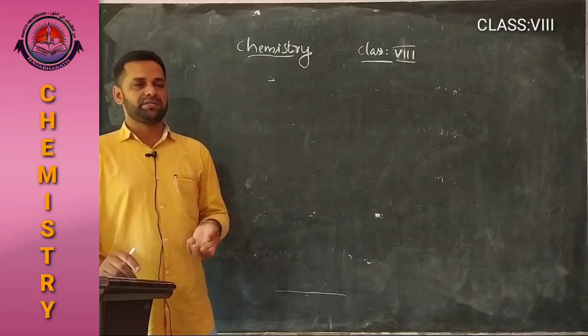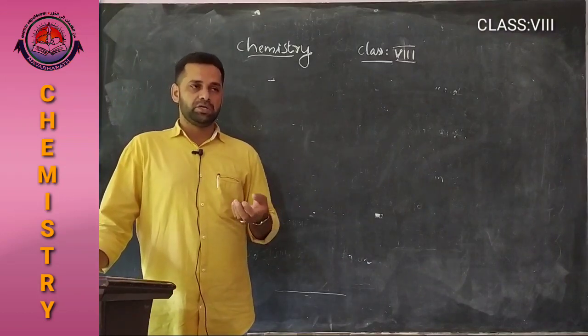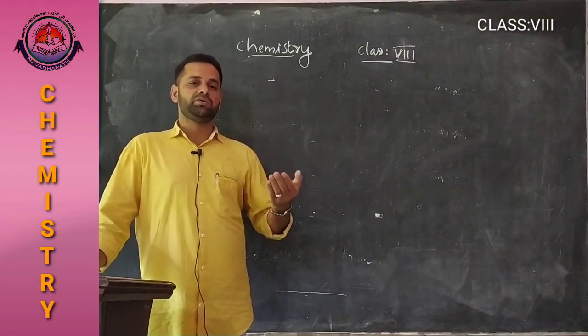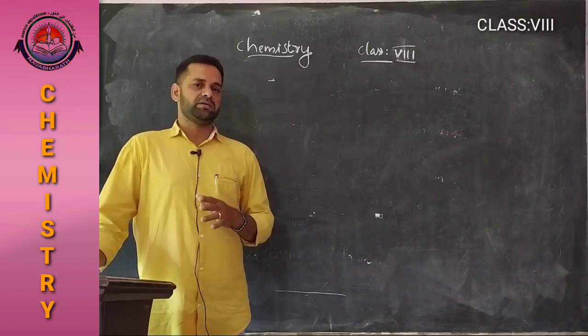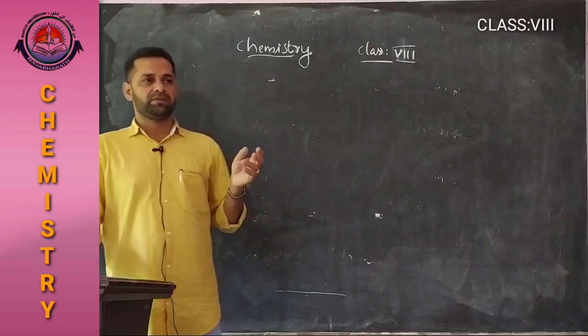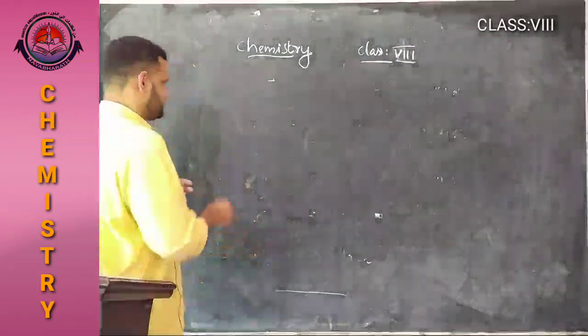There are certain substances which can be molded into sheets or can be drawn into fibers on heating, and that is called plasticity. So, these things we have discussed in the previous class, and today we are going to discuss the kinds of plastics.